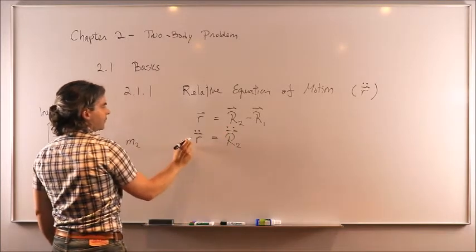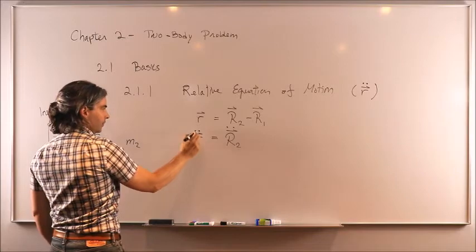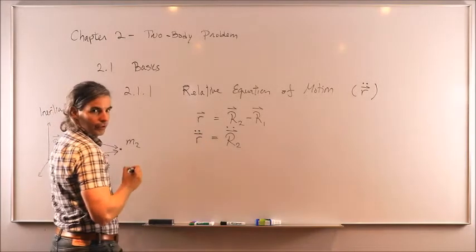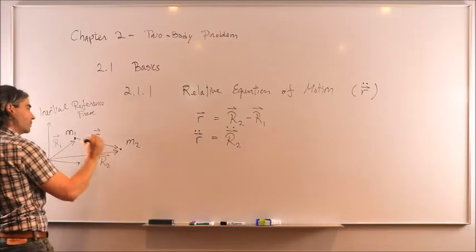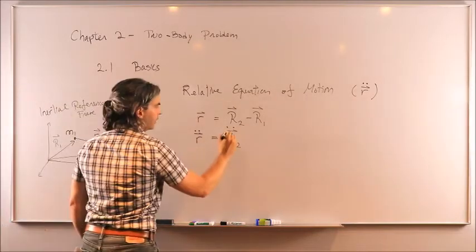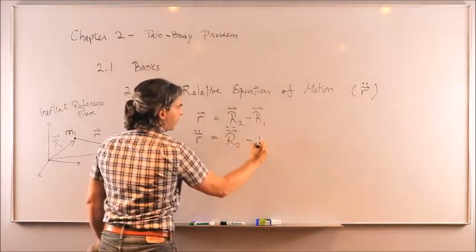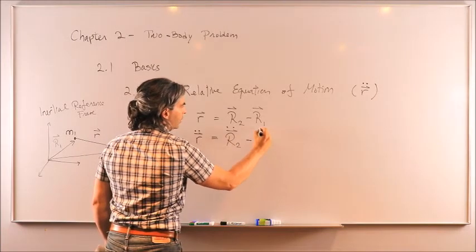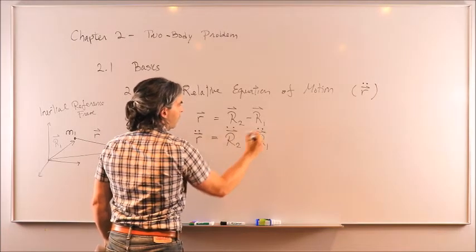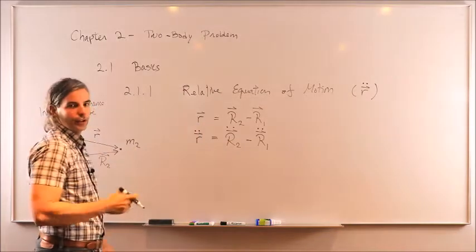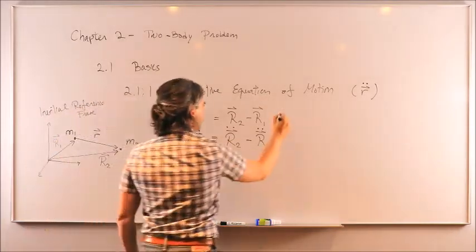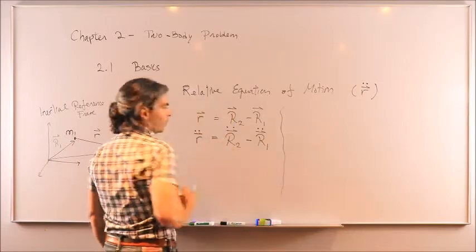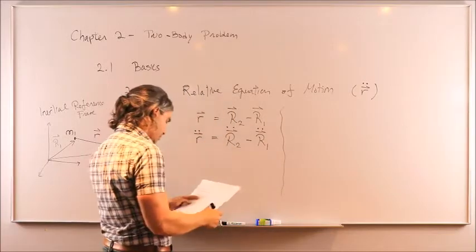So the inertial, because this is the solid dot notation, the inertial acceleration of M2 with respect to M1 is R2 double dot minus R1 double dot. All I did to go from here to here is taking the double derivative, or the second time derivative. Okay? Let's keep that in our back pocket for now. We'll come back to that expression later on.